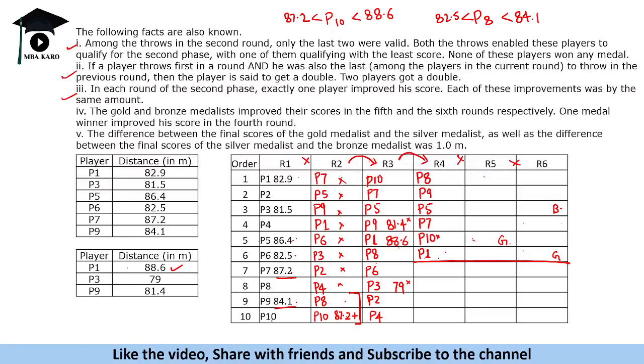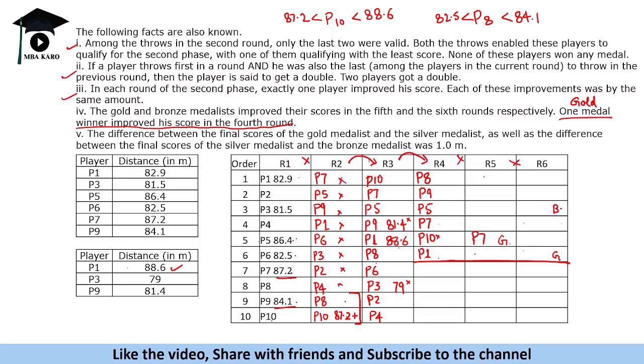So this means P1 cannot go behind because his score is registered, right? Now one medal winner improved his score in the fourth round. This means that the gold medalist improved his score in the fourth round also, right? So this is the gold medal winner. Okay, so gold medal winner improved his score, went to this position.